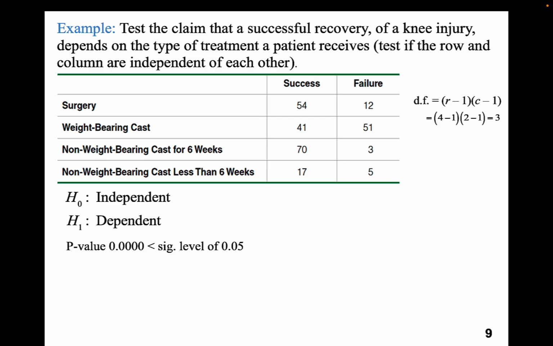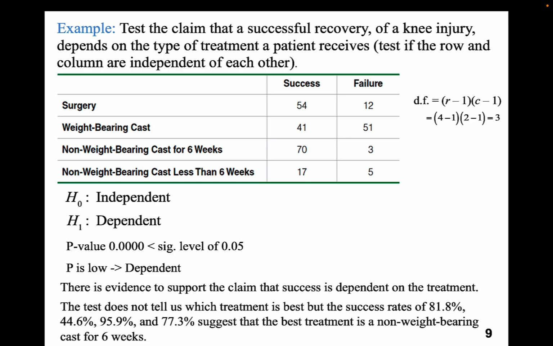And that's where that p-value of 0.0000 came from. Less than significance level, which is the default, 0.05. P is low. The rows and columns are dependent on each other. So we would say that there is evidence to support the claim that success is dependent on the treatment type.